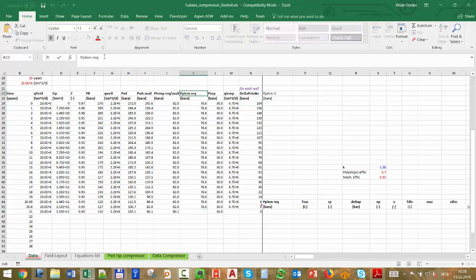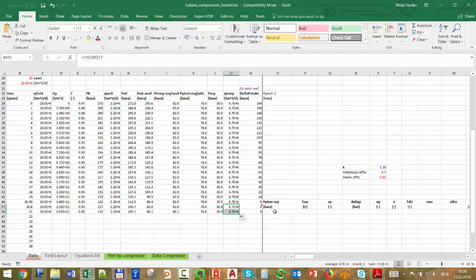We can put a slash here and just say this will be P discharge. That will be exactly the same, right? The rate is the same, separator pressure is the same, so that pressure remains the same. And the key of the template here.